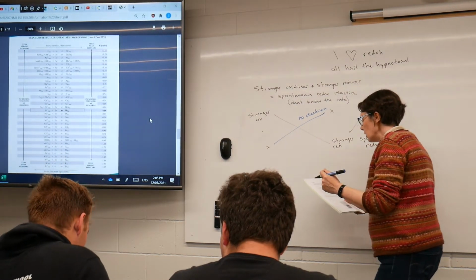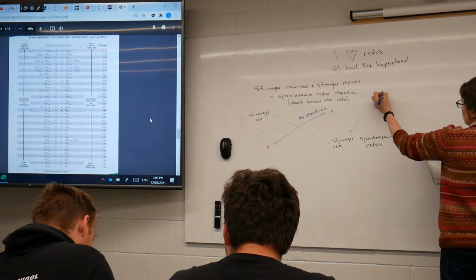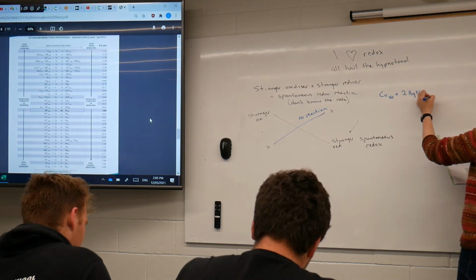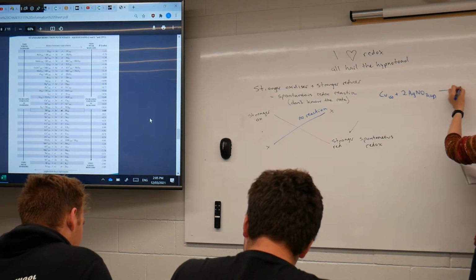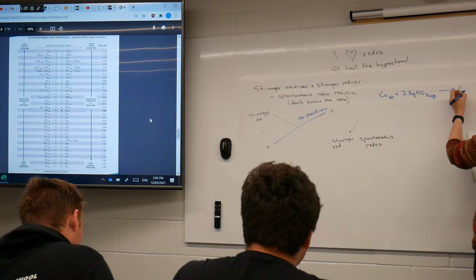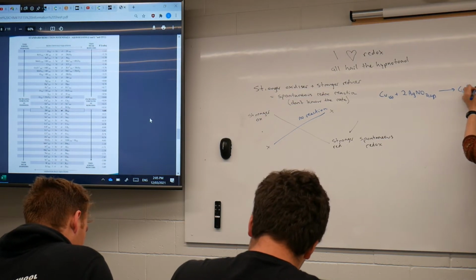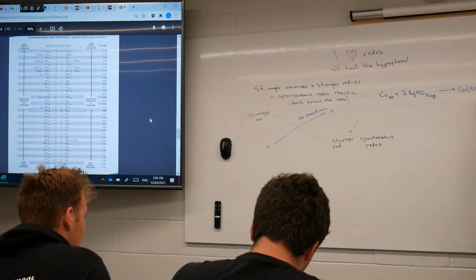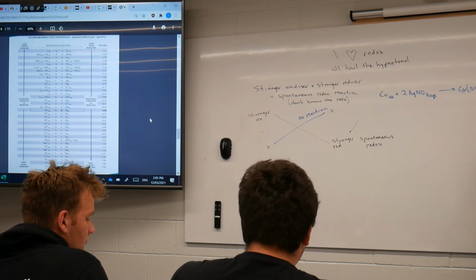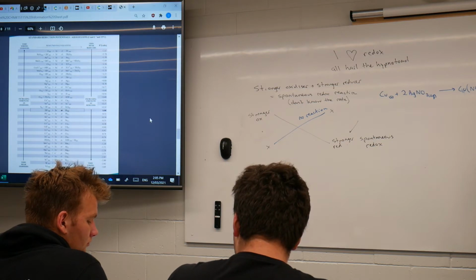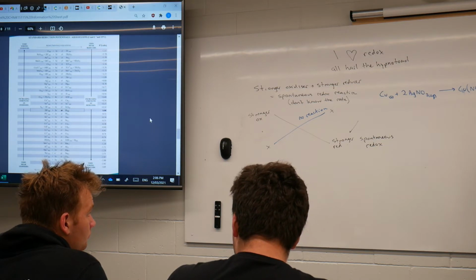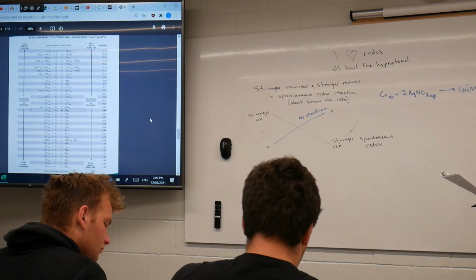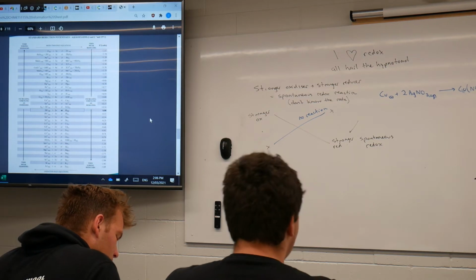So the reaction equation is the copper plus the silver nitrate forming the copper nitrate, and there's a 2 missing in your booklets there. Actually, it's not balanced, is it? Because we need two silvers as well. So the whole equation is not balanced.